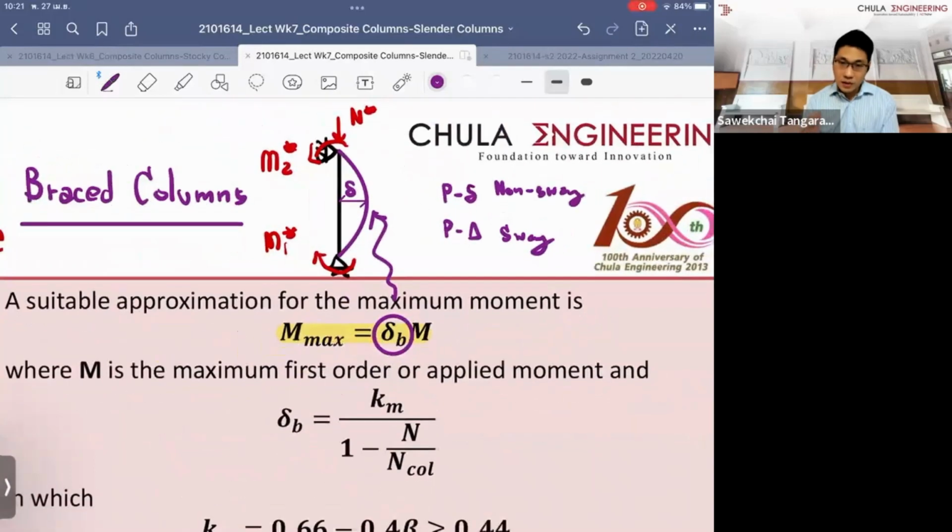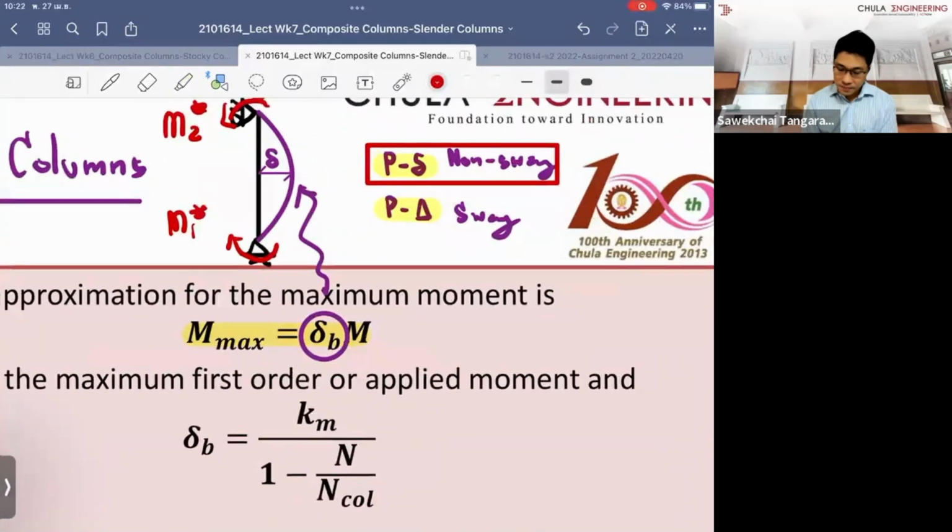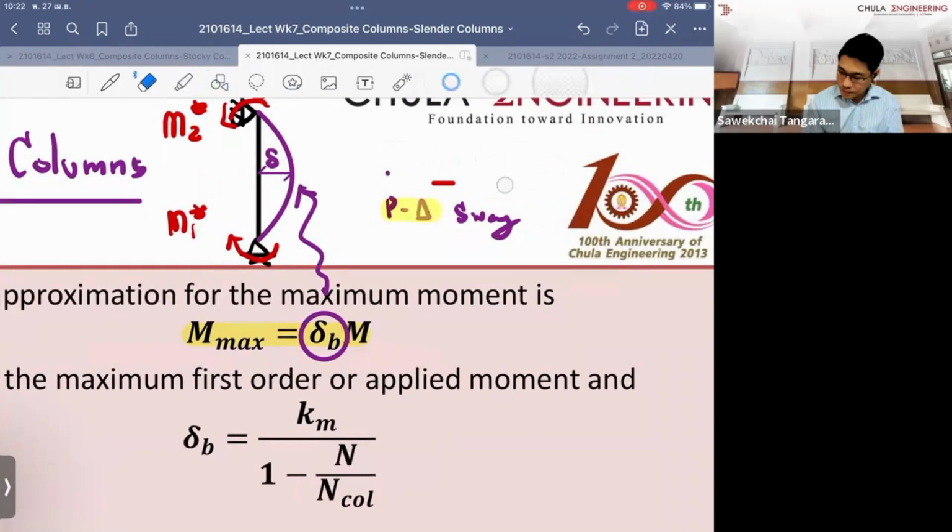When you talk about the sway columns, you have to take into account both. But when you talk about the non-sway, we only take into account the top one, right? But when you talk about the sway column, you have to take into account both P-big-delta and P-small-delta.